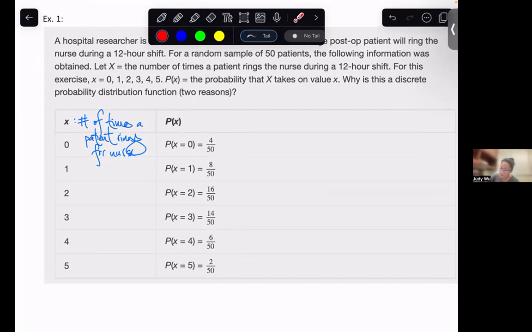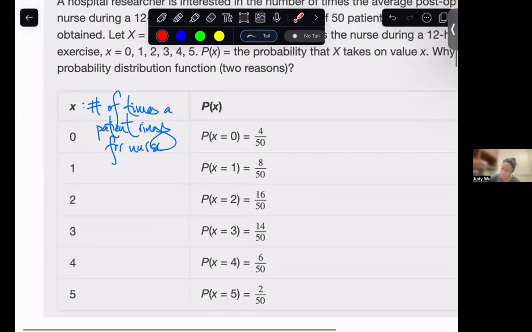So if we look at this, we see that for 0 times that a patient rings for a nurse, the probability that that's going to happen is 4 out of 50. And what that means, because we looked at 50 patients altogether, is that 4 patients actually rang the bell for the nurse 0 times.